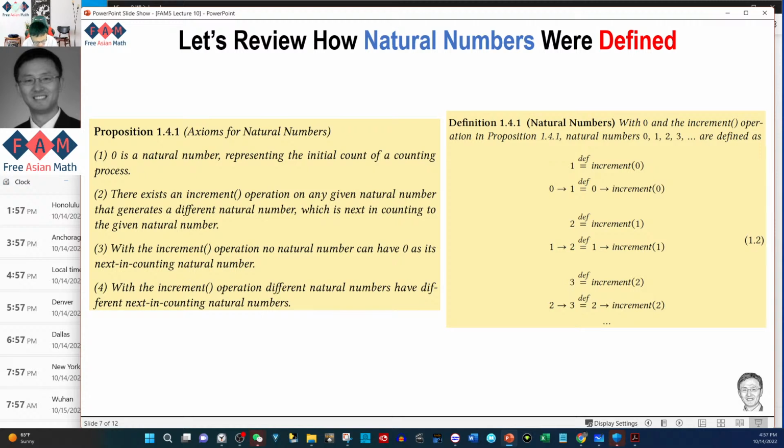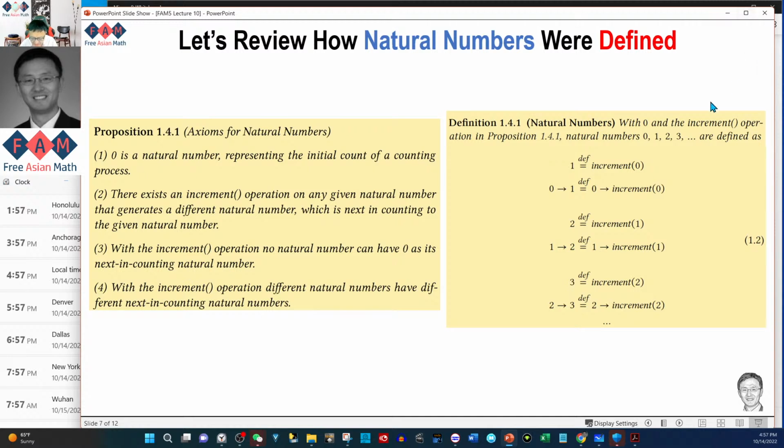And that is consistent with how we define the natural numbers. 1 is the next one to 0, the next one to 1 is 2, the next one to 2 is 3, and so on. We just keep using this increment operation to recursively define all the natural numbers.